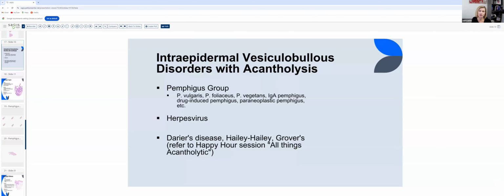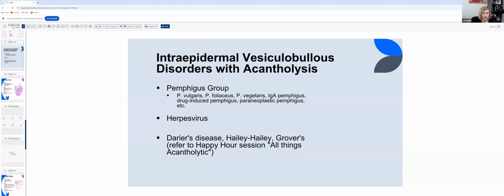So now we'll move on to intraepidermal vesicular bullous disorders with acantholysis. This predominantly includes the Pemphigus group, Pemphigus vulgaris, Pemphigus foliaceus, as well as other forms of Pemphigus. Some infectious processes, particularly herpes, can show acantholysis.